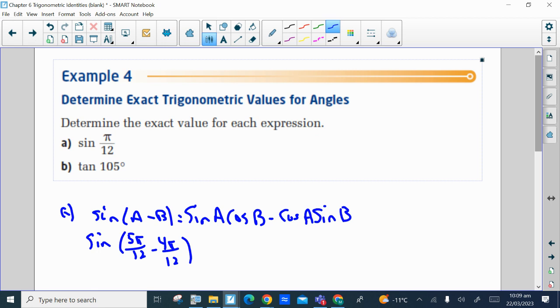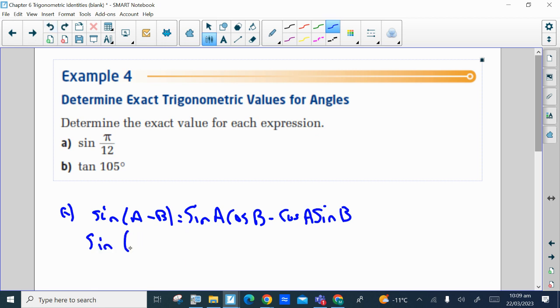If you take 4 pi on 12 and you divide top and bottom by 4, you will get pi on 3. So that angle is on the unit circle, but 5 pi on 12 is not. So your key is you have to find two angles that not only subtract to get pi on 12, but also both of those angles must be on the unit circle.